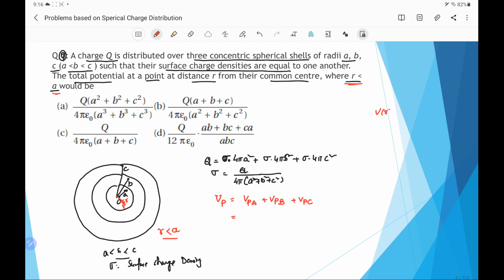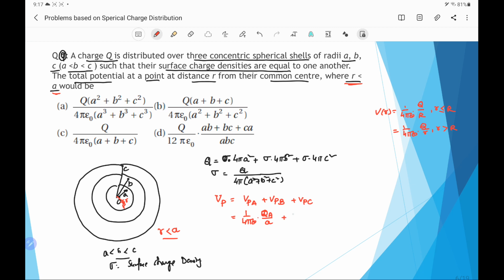For spherical shell, V is equal to 1 by 4 pi epsilon naught Q by R, for small r, that is distance of the point, less than or equal to capital R, and it is equal to 1 by 4 pi epsilon naught Q by small r if r is greater than capital R. Using this formula, we can write potential at point P due to A is 1 by 4 pi epsilon naught charge on the shell A, QA, divided by distance, that is the radius A, because inside the shell the potential is same as at the surface.